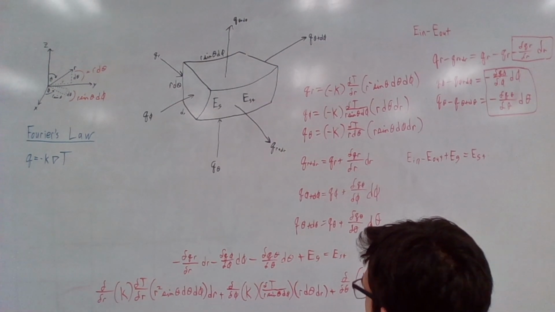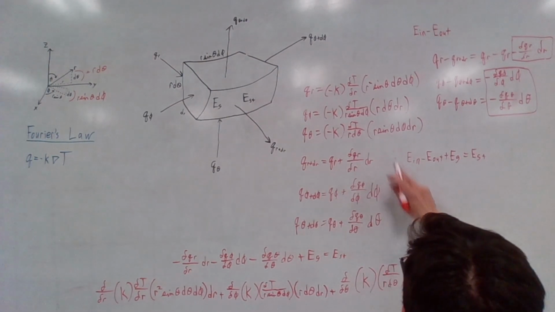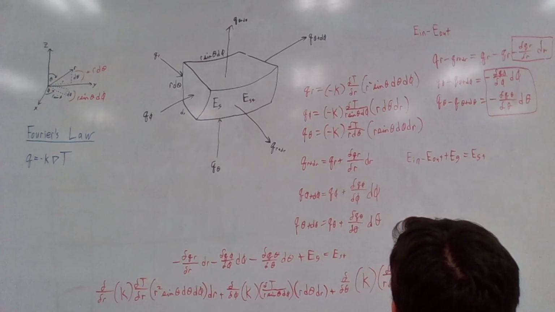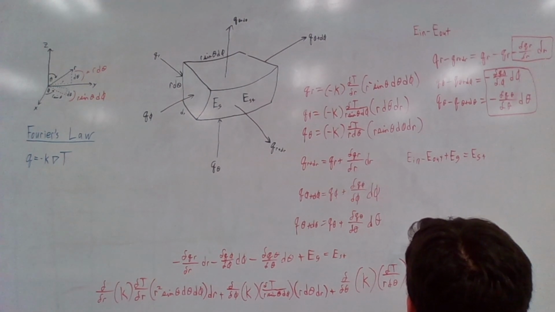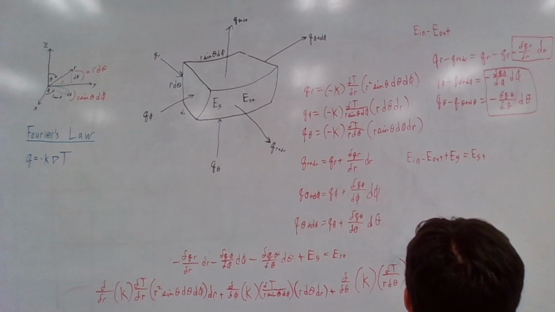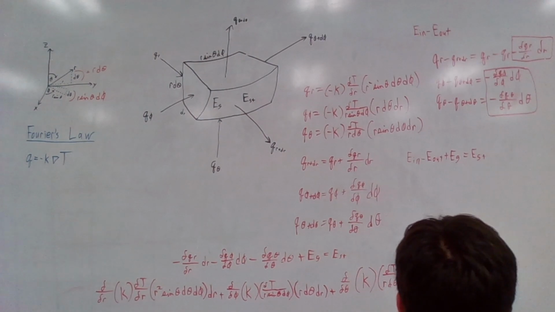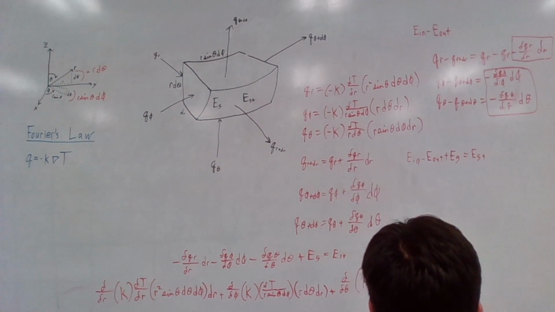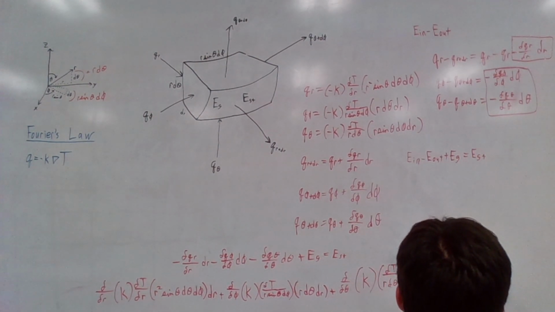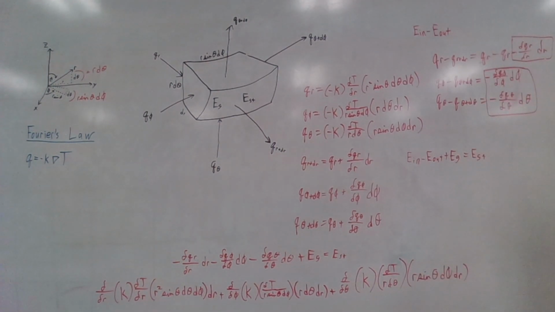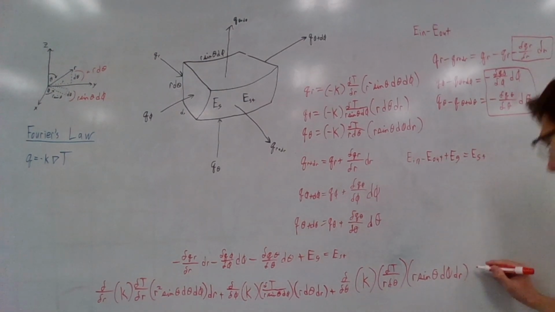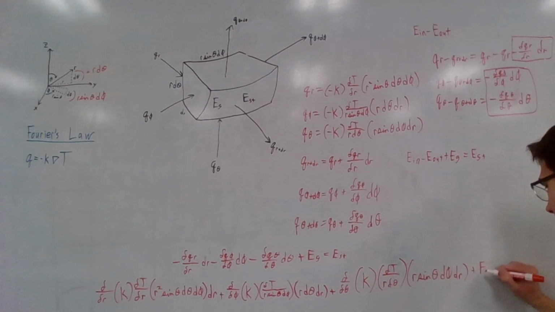All right, and what we're going to do is multiply that by this area, r sine theta d phi dr. And so we plugged all of our Q's in now, and then plus, of course, our energy generation equals our energy storage.